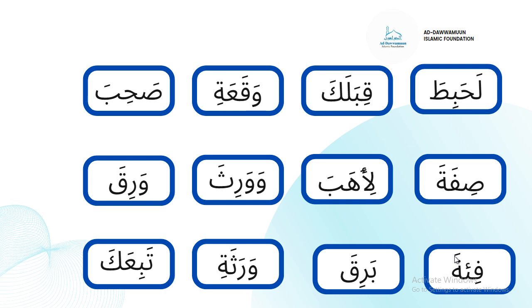Now the first one is Lam Fatha La, Ha Fatha Ha, La Ha, Ba Kesra Bi, La Ha Bi, To Fatha To, La Ha Bi To. The next one, Qaf Kesra Qi, Ba Fatha Ba, Qi Ba, Lam Fatha La, Qibala, Ka Fatha Ka, Qibala Ka.